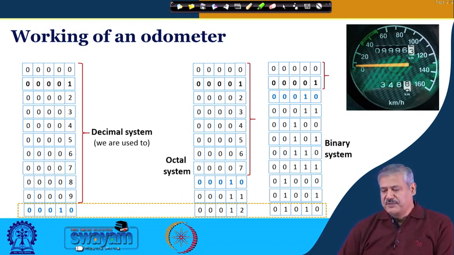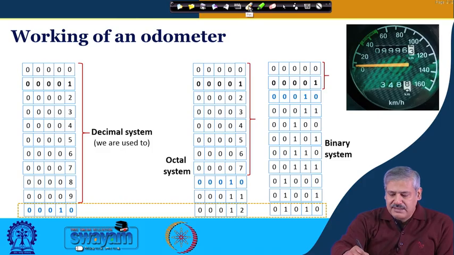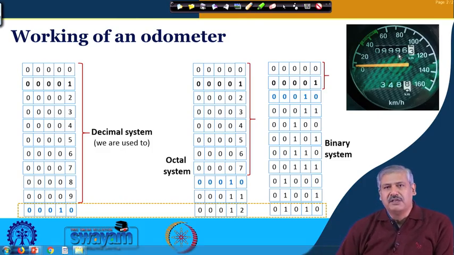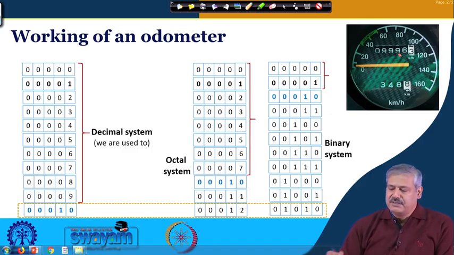So, if 1 unit distance is travelled, say 1 kilometer, the number gets increased by 1 unit, and then the next unit and it gets incremented. In the decimal system, when it completes 0 to 9, then the next digit over here gets incremented. So, that is what we have already observed.